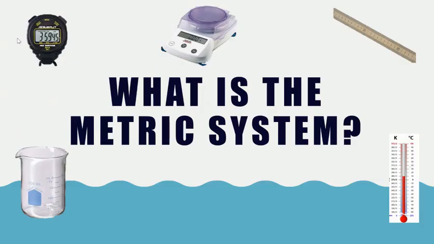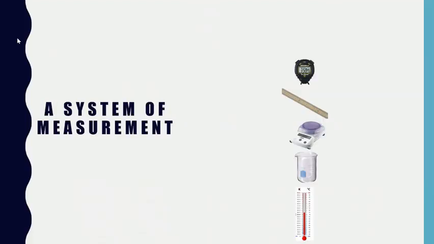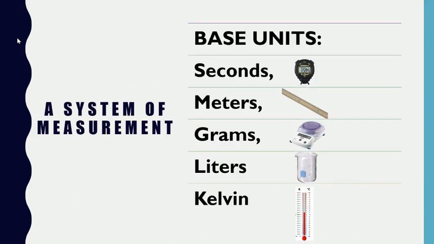So what is the metric system, you ask? Well, the metric system is a system of measurement. Just like how in the US we have pounds, feet, inches, quarts, the metric system has its own units of measurement depending on what we are measuring. For instance, if we are measuring time, we're going to use the unit seconds.